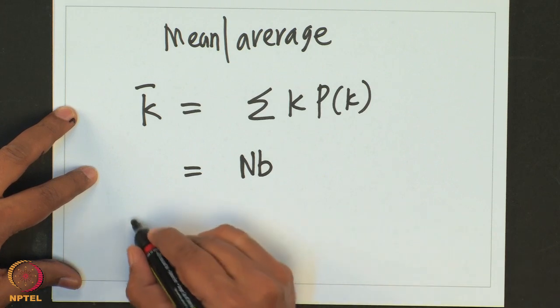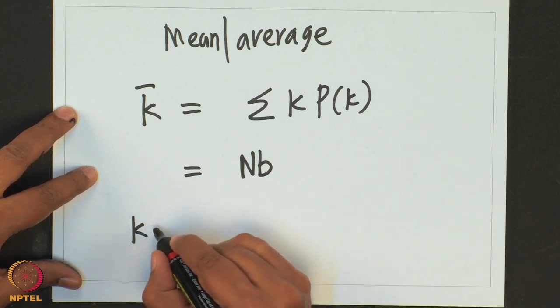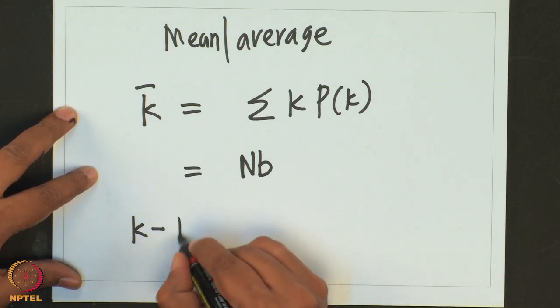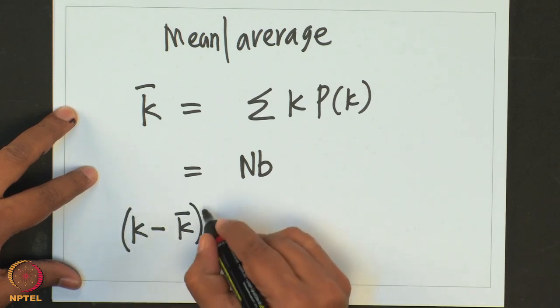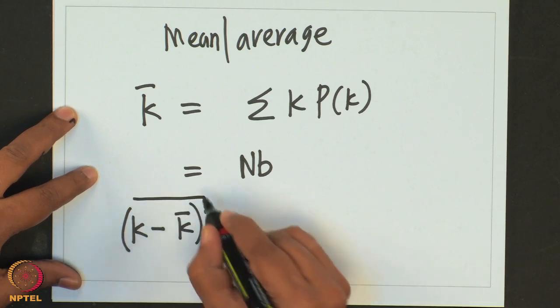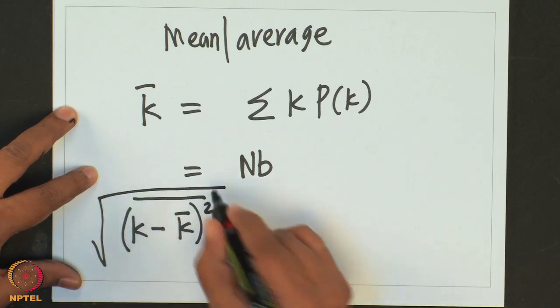Now you could also ask what is the average of k minus k bar whole square, and take the root of this.